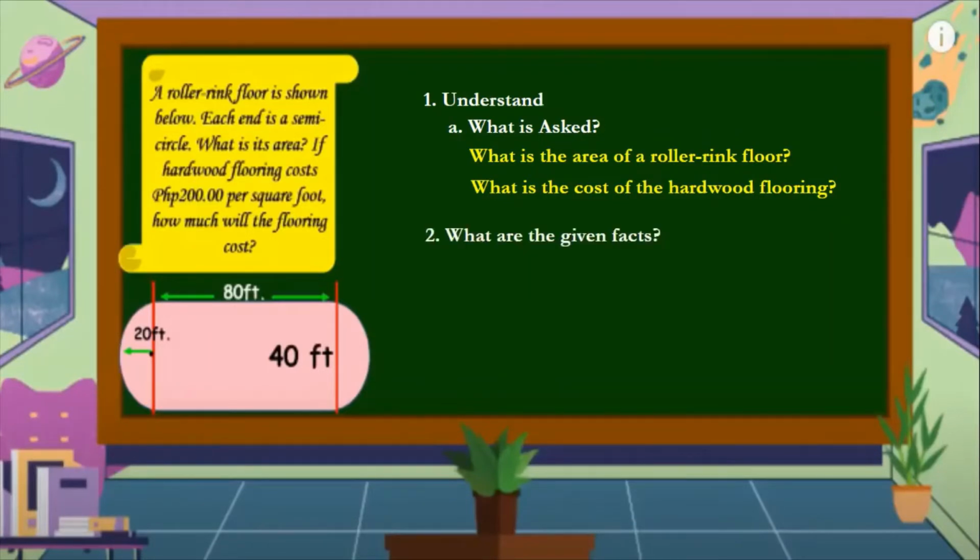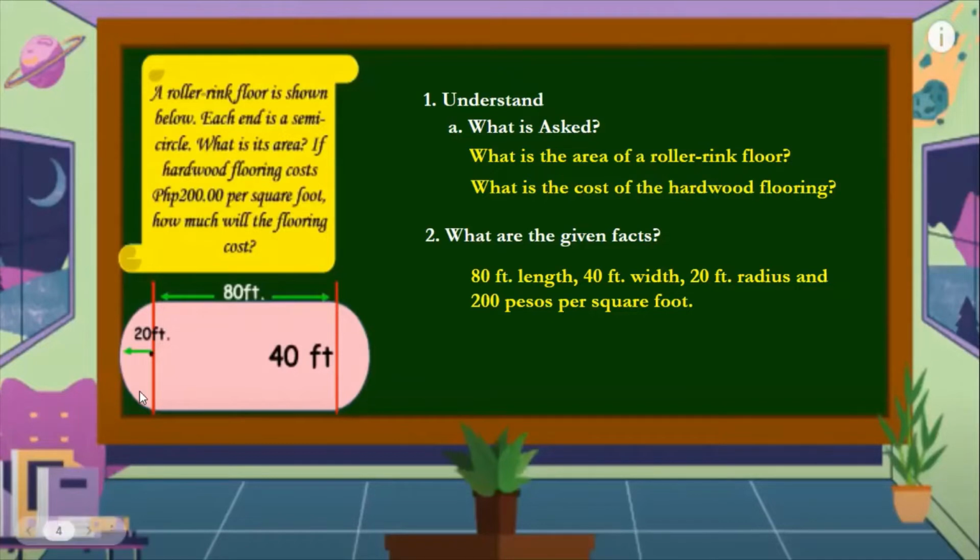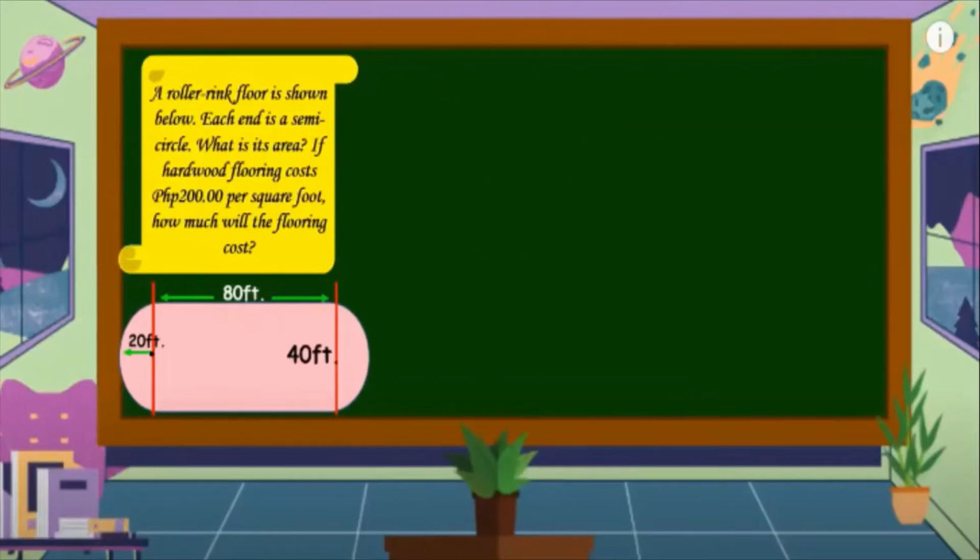Number two, what are the given facts? For this word problem, we have 80 feet for the length and 40 feet for its width. We also have a 20 feet radius for our semicircle and 200 pesos per square foot.